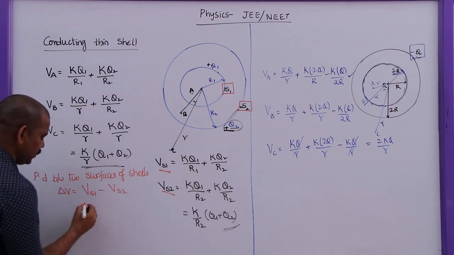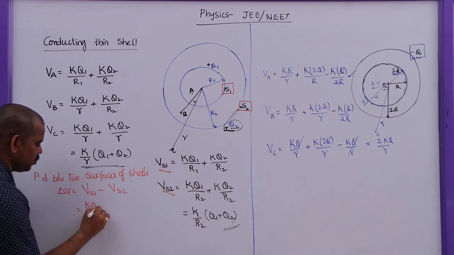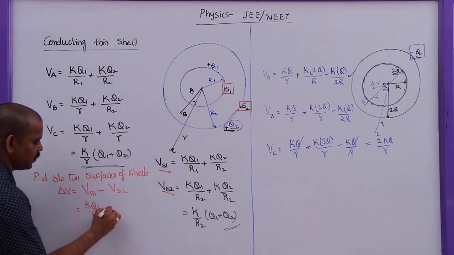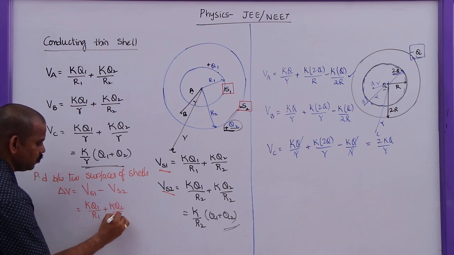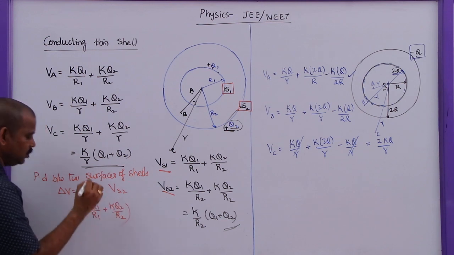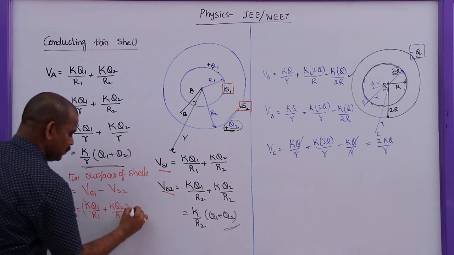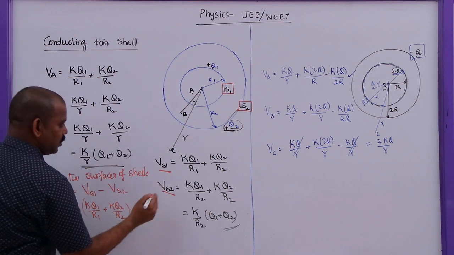What is Vs1? Here I can write KQ1 by R1 plus KQ2 by R2. So this is the potential on the inner surface, minus the potential on the outer surface.